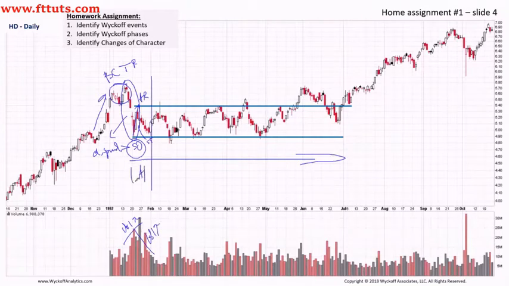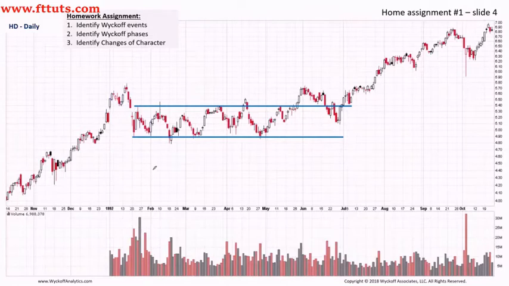Therefore, phase A. And then we're going into phase B and into phase C. Now, I always ask you guys a question. What do you see? What catches your eye a lot? Well, a couple of things that definitely catch my eye.